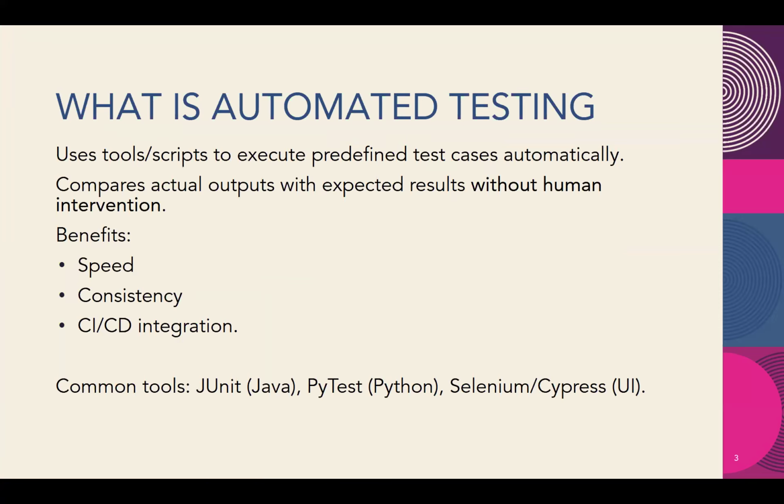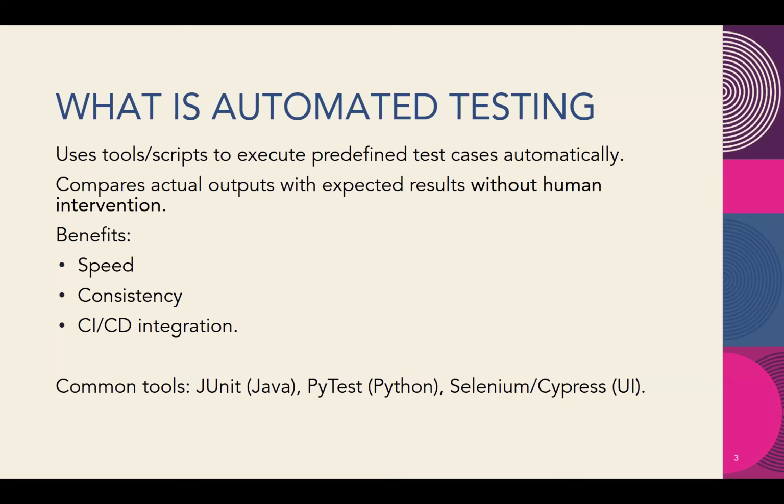So what is automated testing? Automated testing means using code to test code. So instead of humans clicking or typing inputs every time we want to test code, we'll write scripts that test the code automatically. These tests run after we add new features, for example, or bugs are fixed.